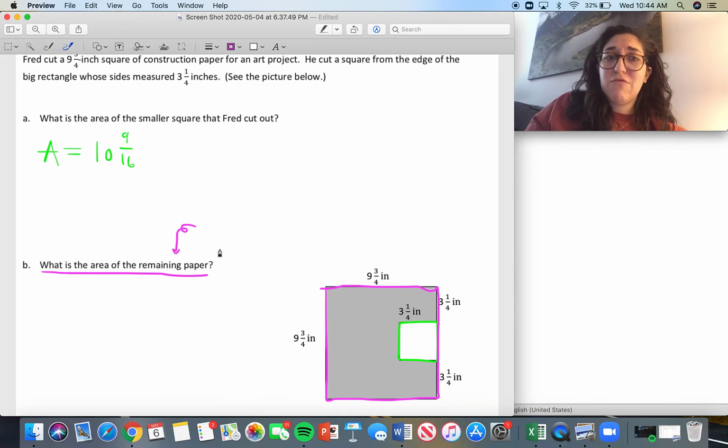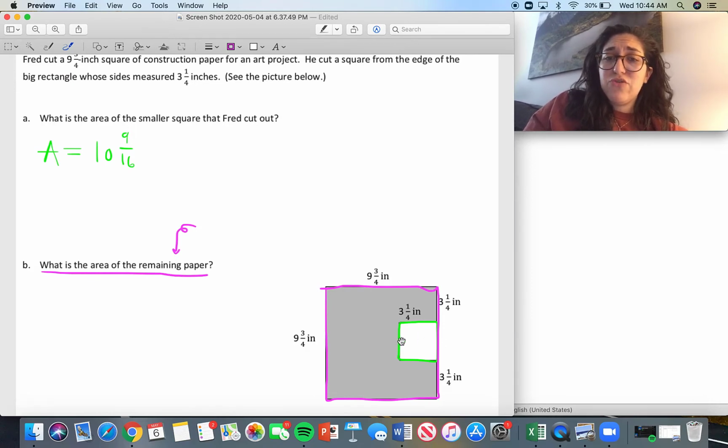Normally, if I have 10 apples and I take 3 away, what are the remaining apples? Remaining a lot of times means we're subtracting or taking something away. And in this case, we took away the green.